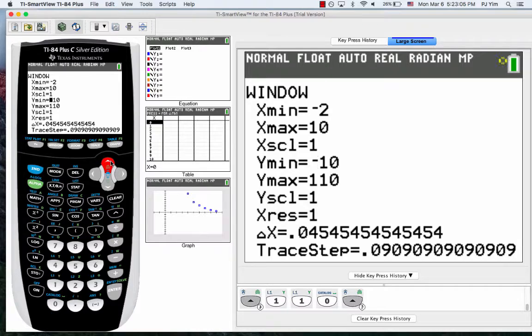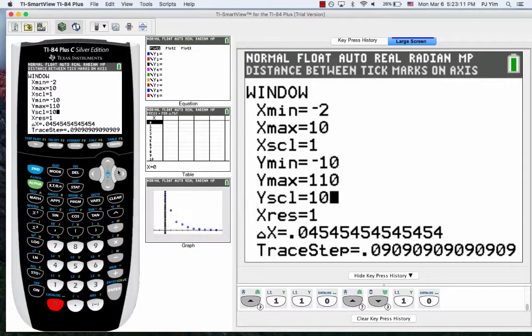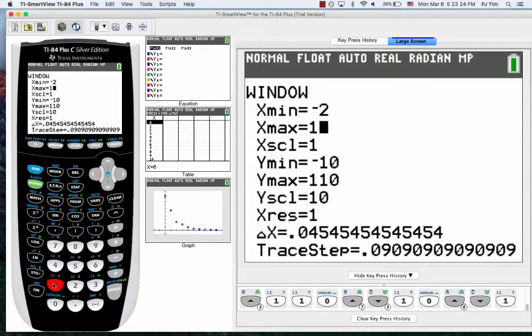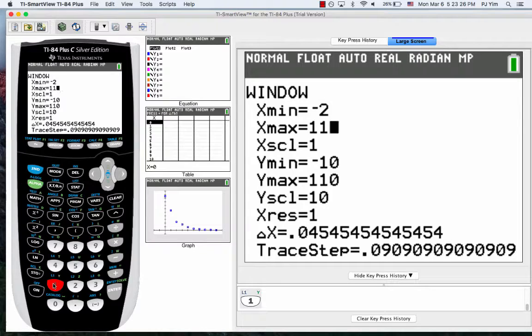I like to have some negative values, so negative 10 is fine. I don't want 20 tick marks, so I want every 10 or so. Now for the input value, it went from week 0 to 9. I like to have a little space on the left and the right, so negative 2 is good, and maybe 11 or so. That should be good.